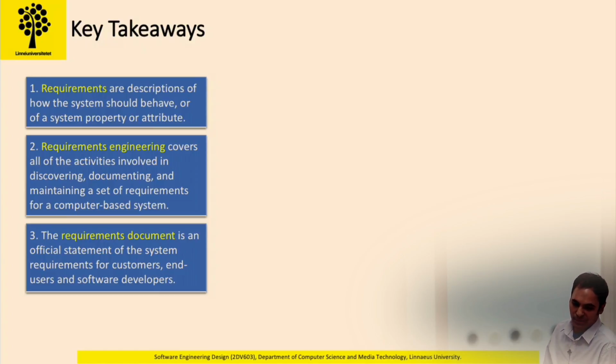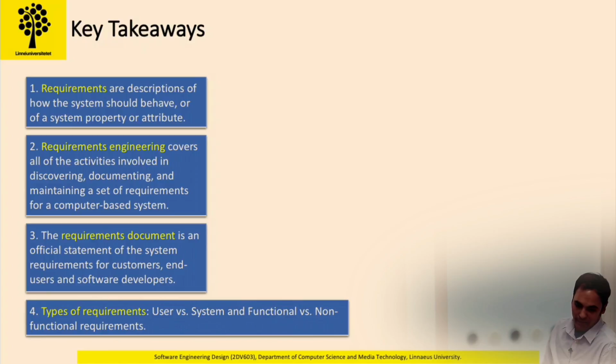Then there is also the requirements document. It's an official document of the requirements for customers, end users, and other stakeholders like software developers. Then there are broadly two categories of requirements. One is based on the level of detail, that is user requirements and system requirements. And also there is the categorization based on goals: requirements can be functional and non-functional.